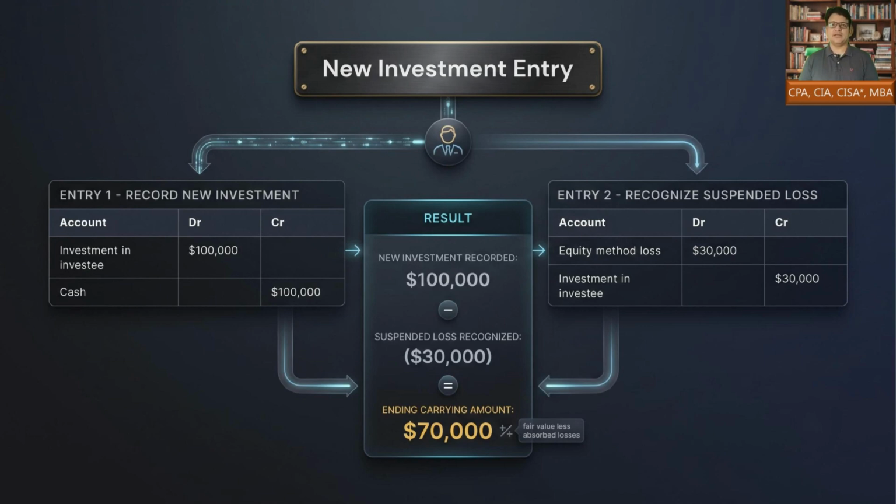Second, recognize the suspended loss. Debit equity method loss for $30,000 and credit investment in investee for $30,000. The ending carrying amount is $70,000. That is $100,000 new investment minus $30,000 of suspended loss now absorbed by the new funding.